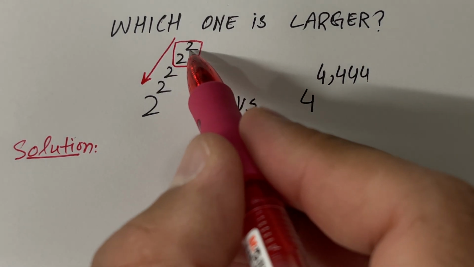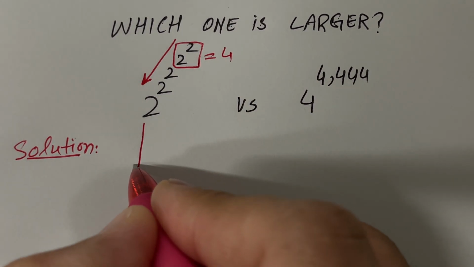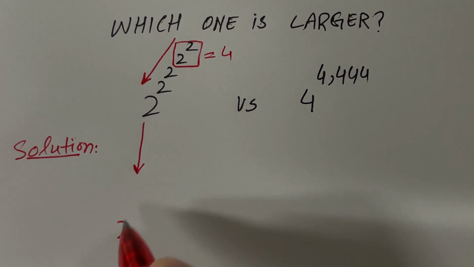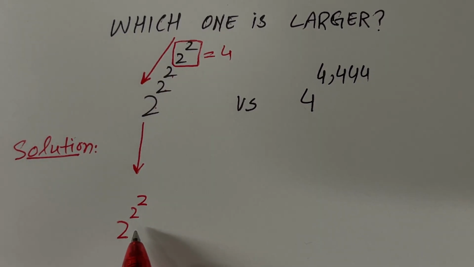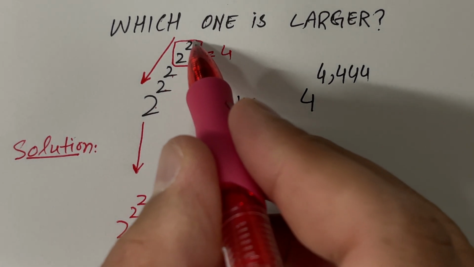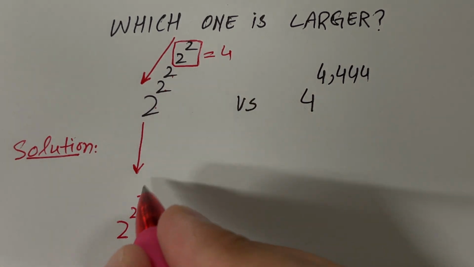So first of all, 2 raised to the power 2 means 4. So the left side is then equal to 2 raised to the power 2 raised to the power 2. We have 3 towers of 2, and the top two towers of 2 are simplified as 4.